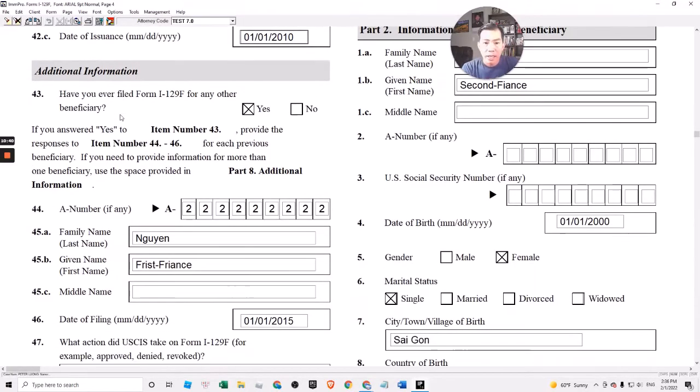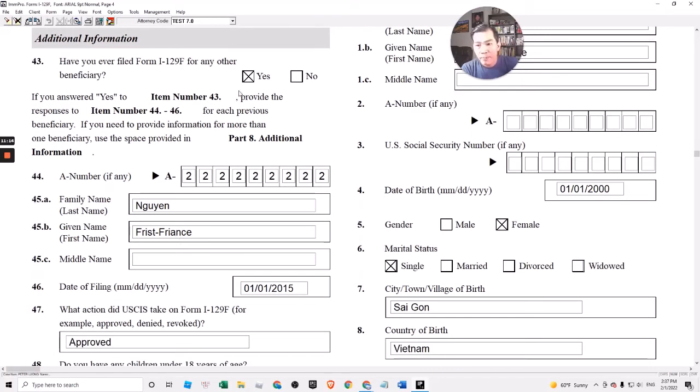Next question: Have you ever sponsored, petitioned, or filed any I-129F for any other beneficiary? So other than this person, the person you are applying for, have you ever in the past sponsored or petitioned or filed Form I-129F for anybody? If yes, put yes. No, put no. And if you put yes here, you have to provide all the information about that person.